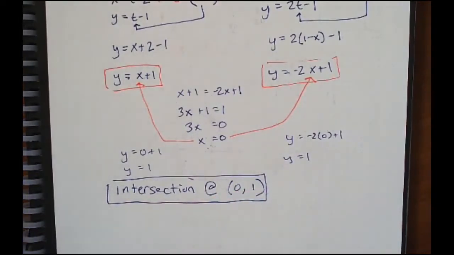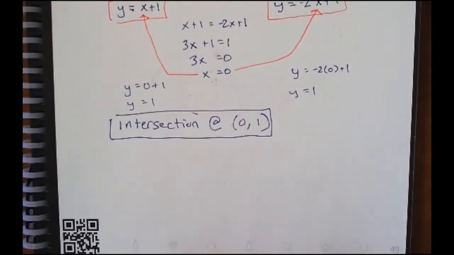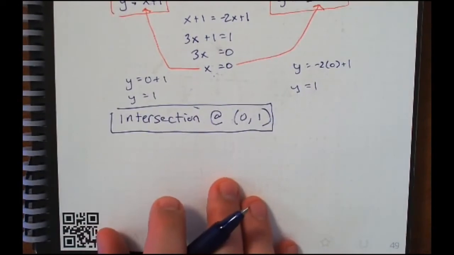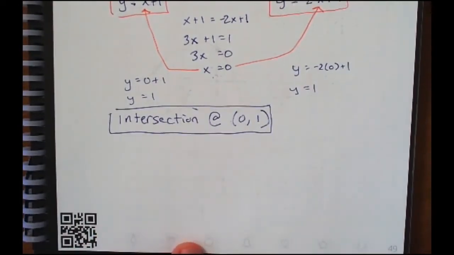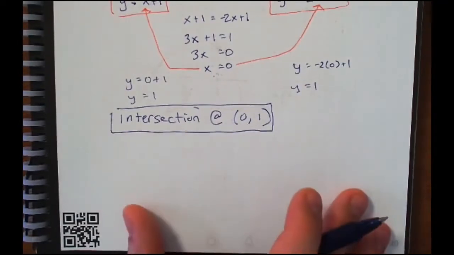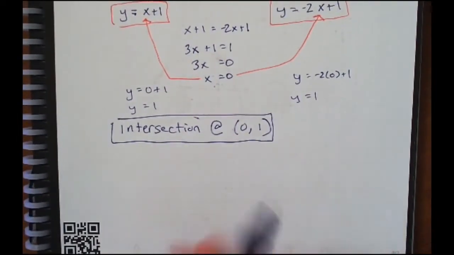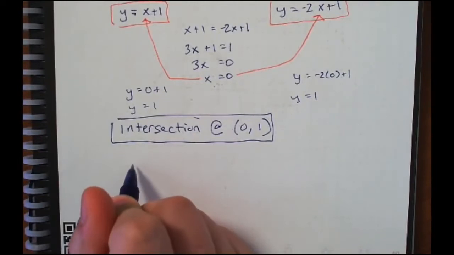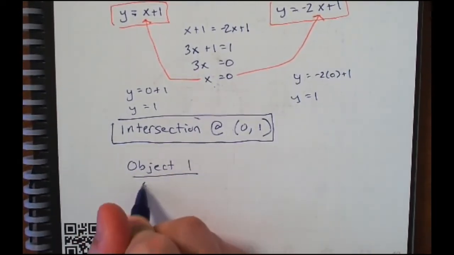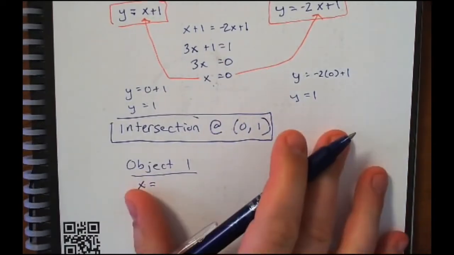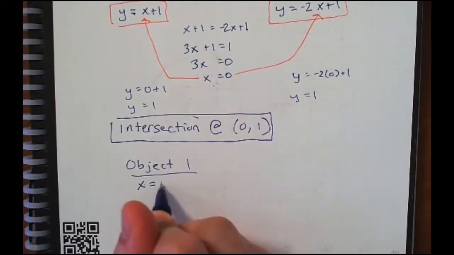Now when we're checking this, I'm going to check all the equations here just so you can see that it's the same. Just like before, you don't have to check both x and y equations. I just want to showcase that you do get the same t value here. But so let's look at object 1. Object 1, I'm just going to rewrite this, is defined as x equals t minus 2, right?